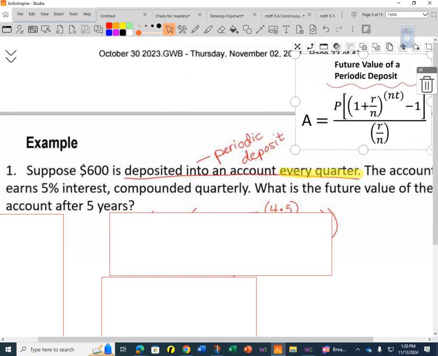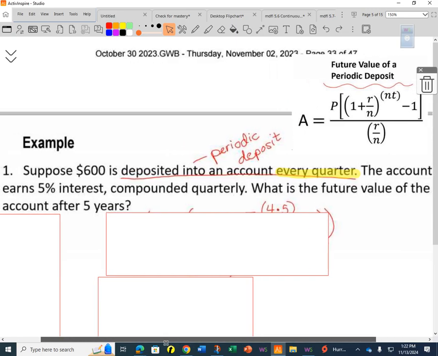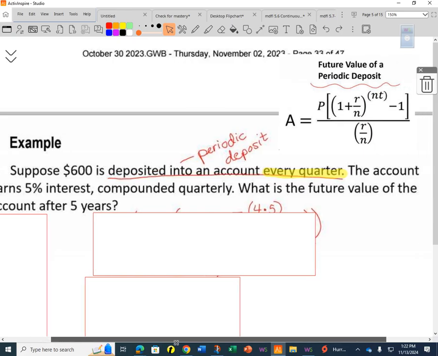So it says if we deposit $600 every quarter, the account earns 5% interest compounded quarterly. What is the value of the account after 5 years?